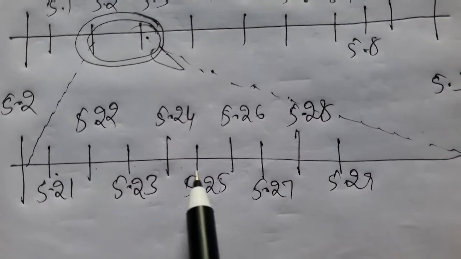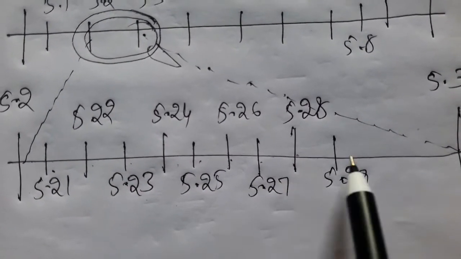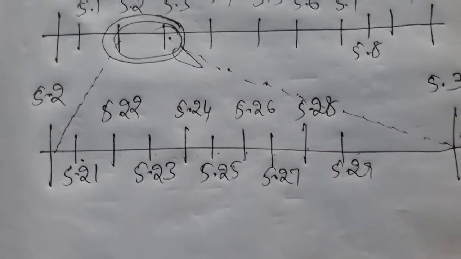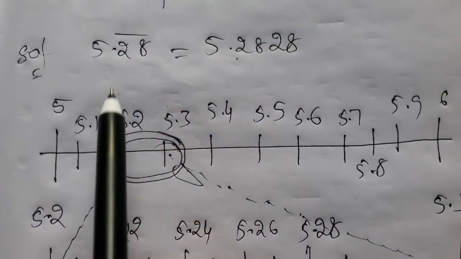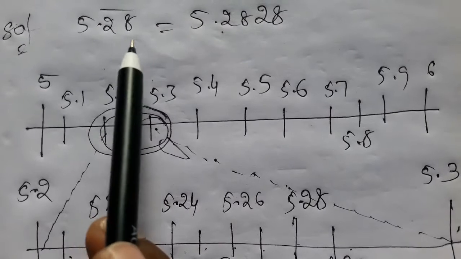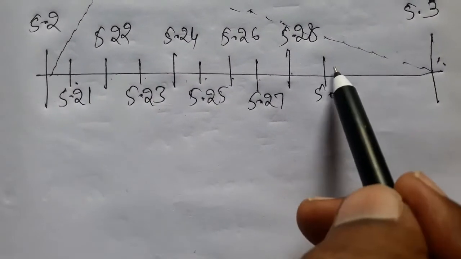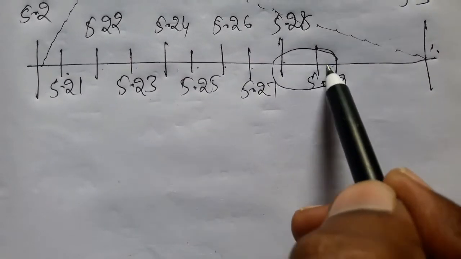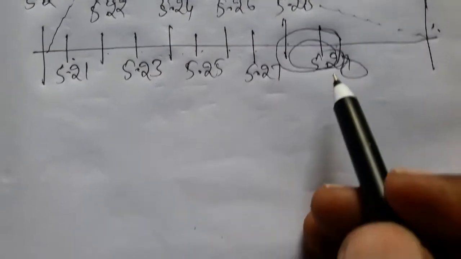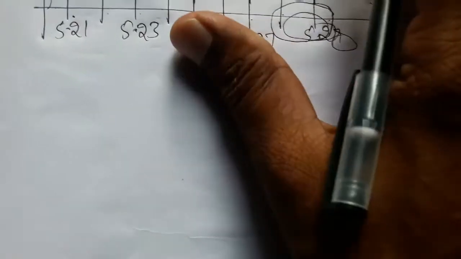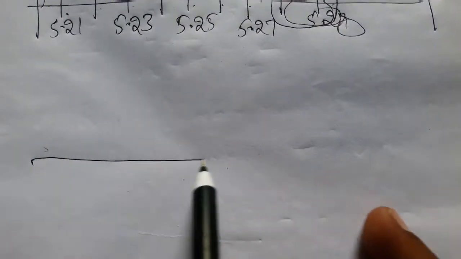1 2 3 4 5 6 7 8 9, next 10. Yes, so what we got? 5.28 we want, so these two, 5.28 and 5.29, next, isn't it? Draw a line.